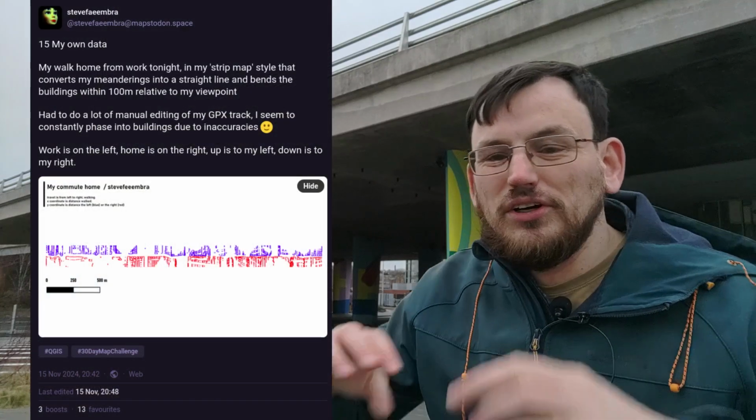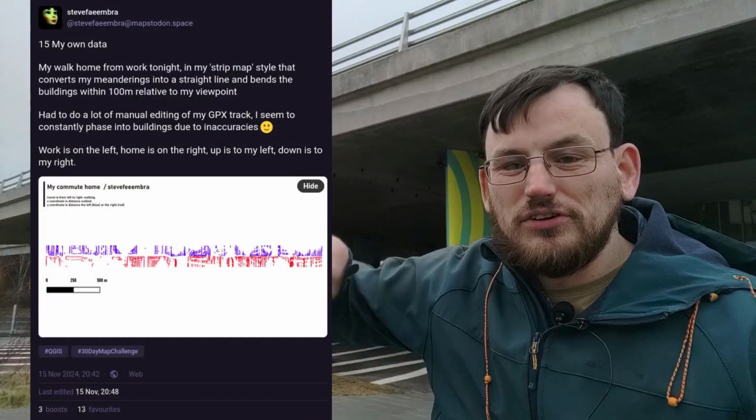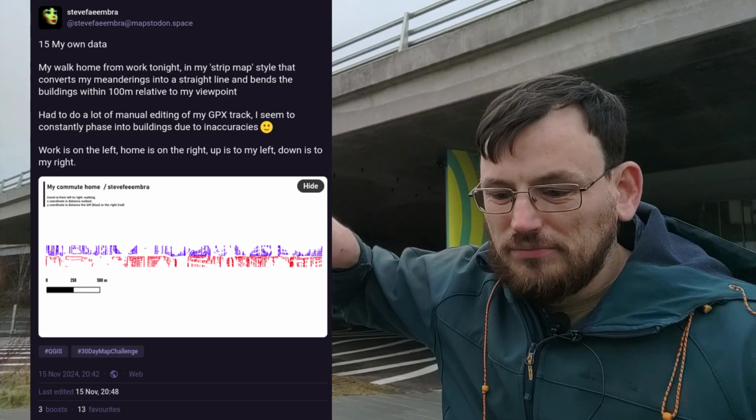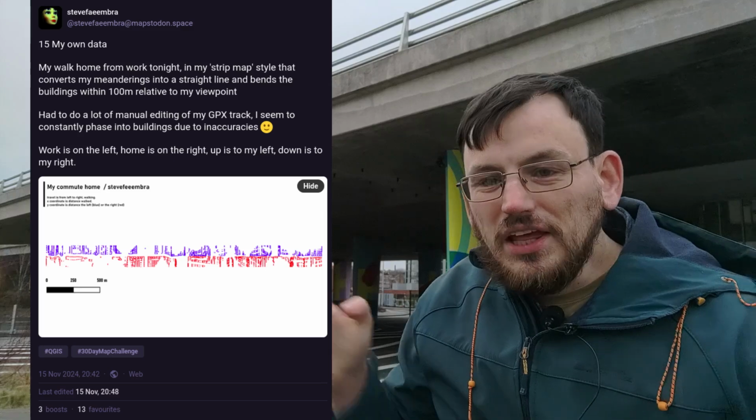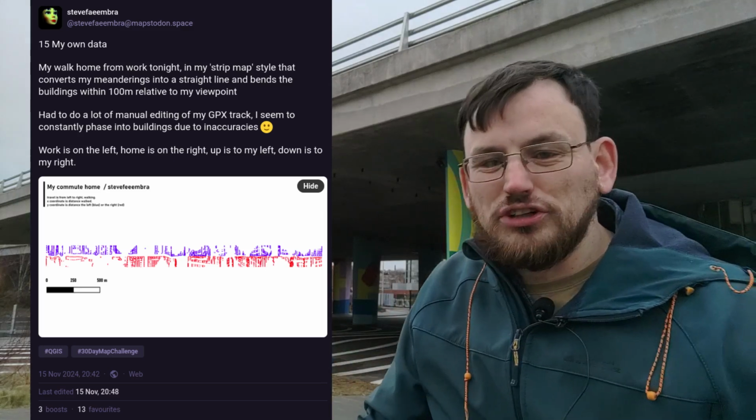Then I looked at this. I've been following Steve, and he's one of the Scottish OpenStreetMappers. I've been waiting for him to do one of his strip maps, because I think they're really cool. Twisting a route that would normally wiggle around, I think this is from work to where he lives, and putting it in a straight line, a strip.